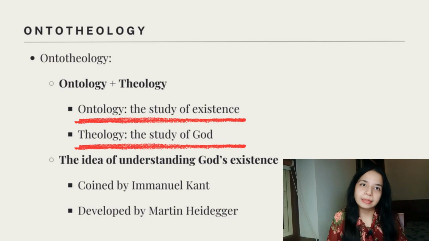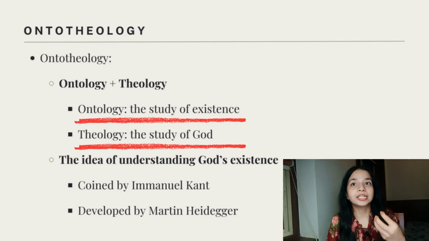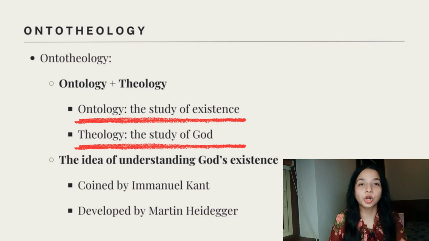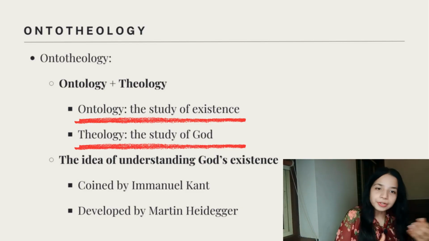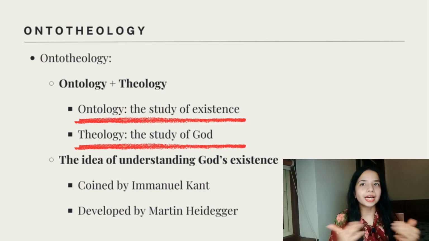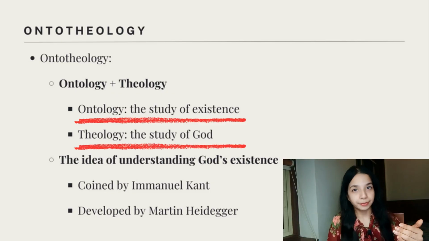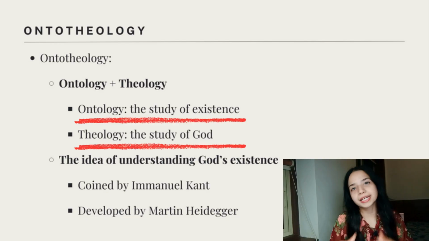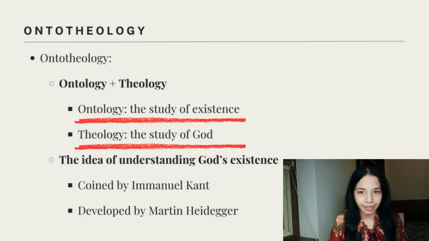Ontotheology is the idea or the study of understanding God by using philosophical tools, right? And treating God as the ultimate being, proving God's existence in our life through logic, through reason.